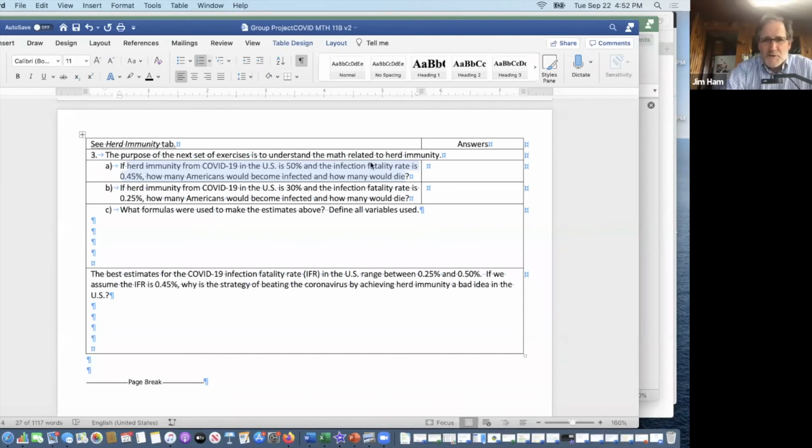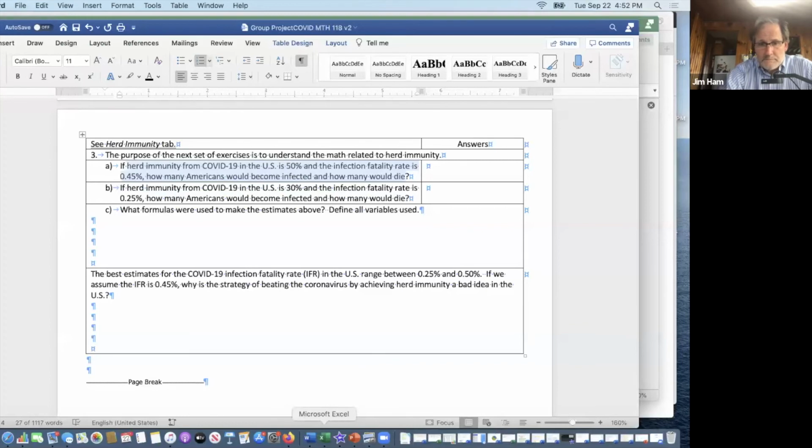So this one assumes that if 50% of the population is infected by COVID and the fatality rate is 0.45%, these are actual numbers that some people believe at this point, then the question is, how many Americans would actually die?